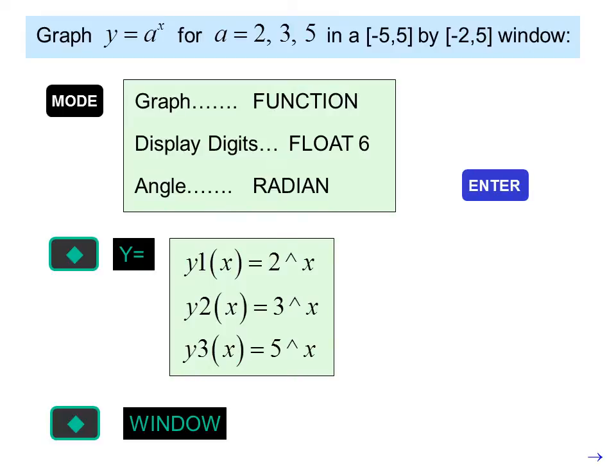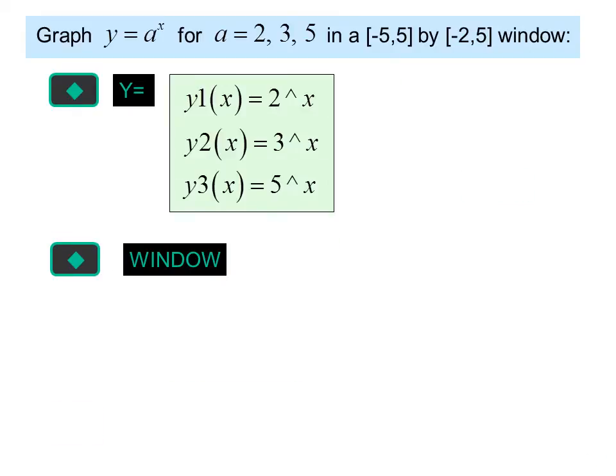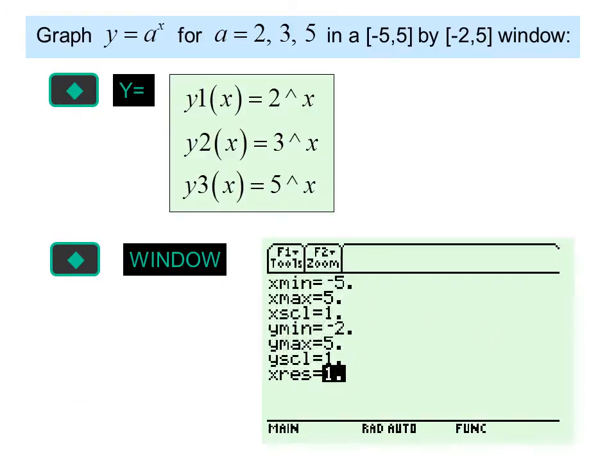Then we press diamond window, and we set the viewing window. So we're going to set x min to -5, x max to 5. We set the scale to 1 for the x-axis, y min to -2, y max to 5.